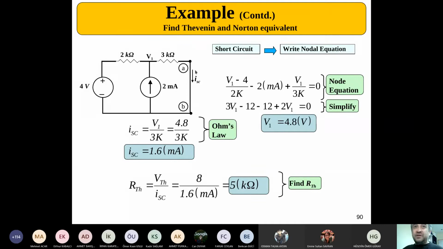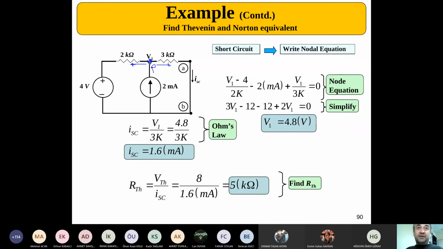This time, assume V1 here, the same thing, and do the analysis; simple node analysis still works. V1 is the voltage here, our assumption. Let's assume 3 currents, where 2 of them are leaving the node and 1 of them is coming in. The summation of these 2 will give 2 milliamps.